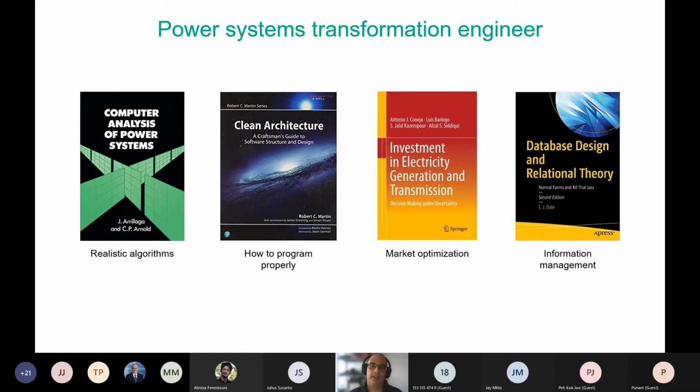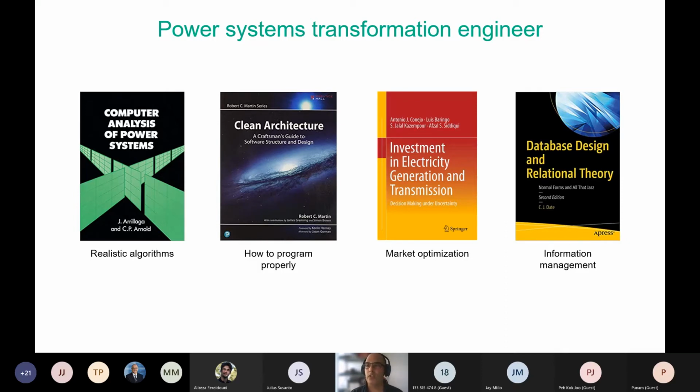And last, and I would say the most important of the four, is database design and relational theory. And this one is about information management. A huge part of why the processes are so time-consuming for the majority is because the data is not properly arranged.